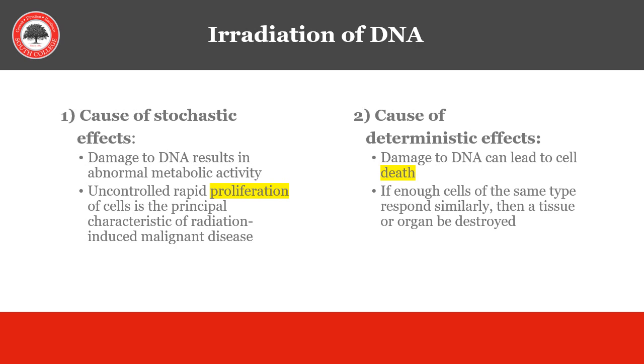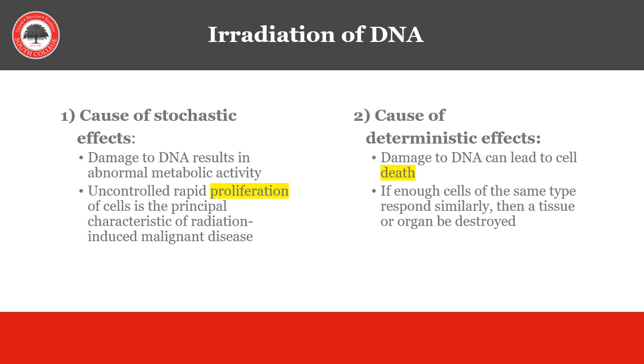Number 2, what is the cause of deterministic effects? A deterministic effect is one in which there's, for example, a decrease in sperm count or cataract formation. There's some type of damage to DNA that leads to cell death. If enough of the same type of cell responds, then a tissue or organ can be destroyed.